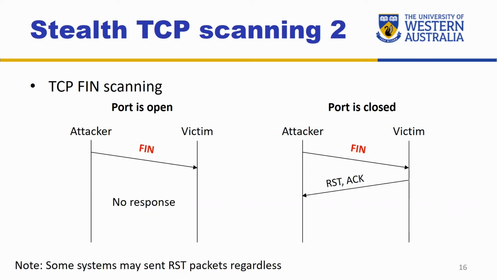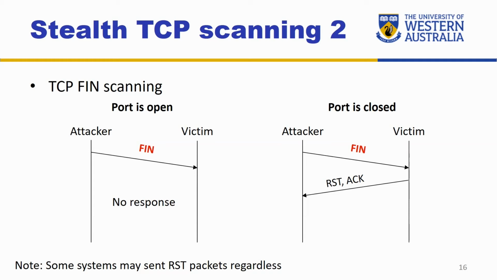That's one scenario, but we can make it a little bit easier. It's called TCP FIN scanning. So you can craft the FIN flag of the TCP and send a packet to the victim. If the port is open, there will be no response from the victim, because you're not initiating the handshake.